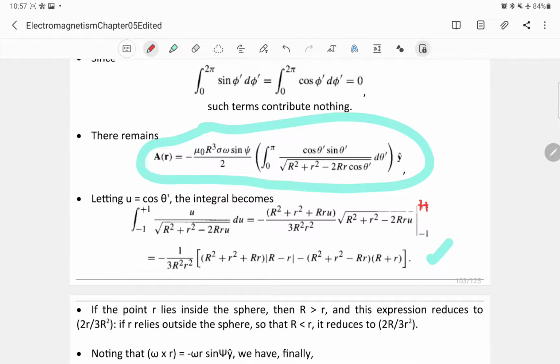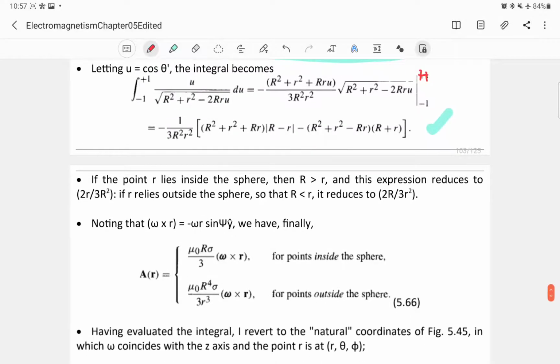And now if you have the point r lying inside the sphere, then your capital R is less than r, and your expression will reduce to this one.